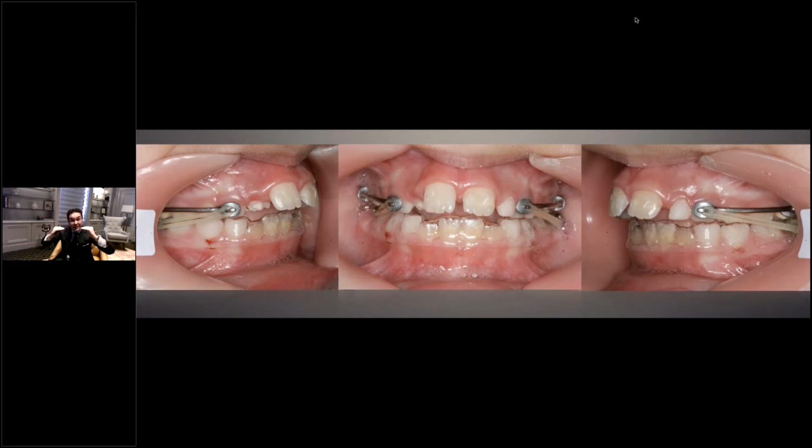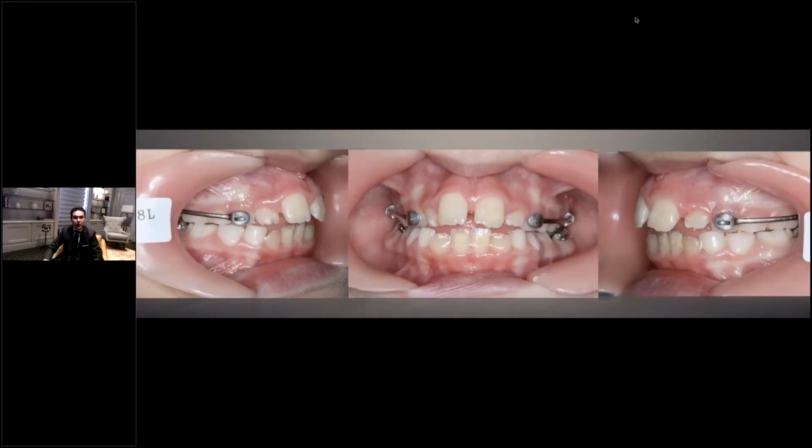We are going to protect the lower arch with a vacuum invisible retainer that is going to keep everything in place for the use of the elastics. So the lower arch is going to be protected. Now we can use the elastics and accomplish a class 1. Now it's a class 1 and an overcorrected class 1.